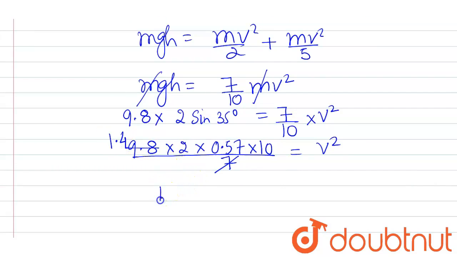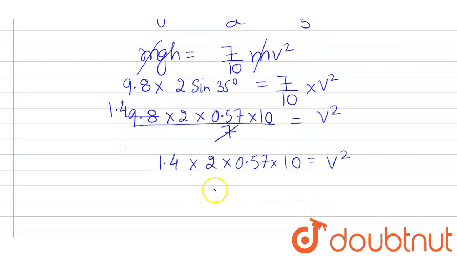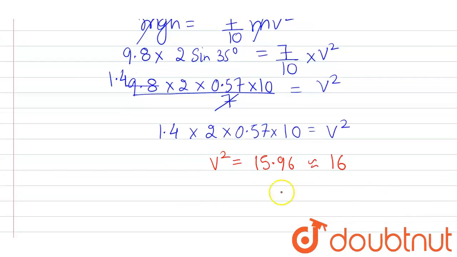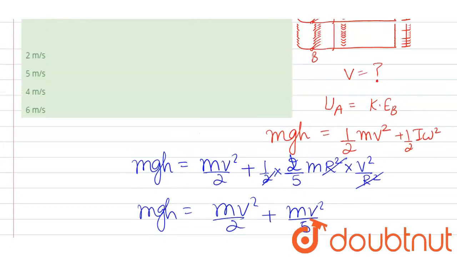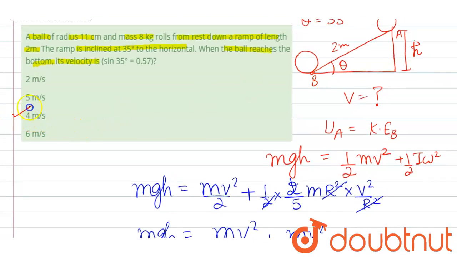So 1.4 into 2 into 0.57 into 10 is equal to v square. So on solving here, we get v square equals to 15.96, approximately 16, which comes out to be v equals to 4 meter per second. That means the option third is correct.